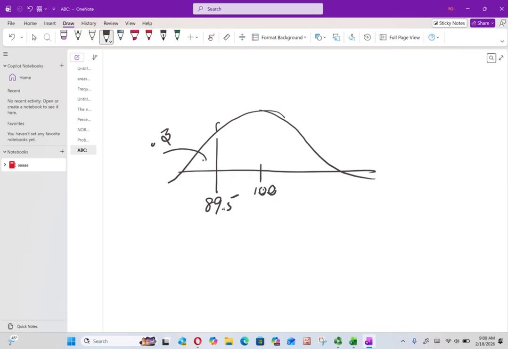If I want the value to the right, that's 70%, and the way I would have to get it is to use the 0.3. 0.3 to the left gives me 0.7 to the right. So the second one on there is 0.7 to the right, it's 89.5.